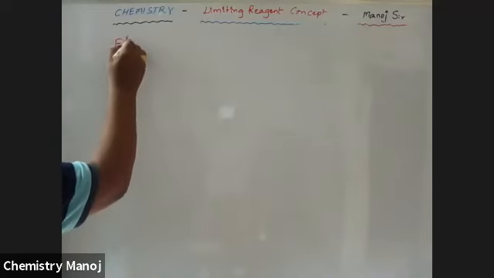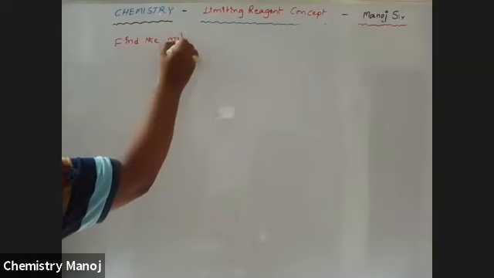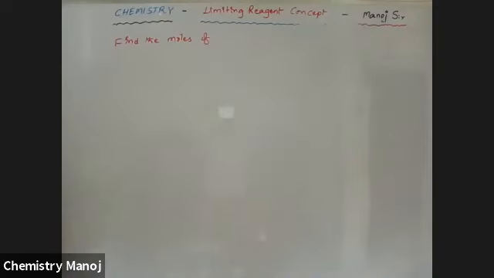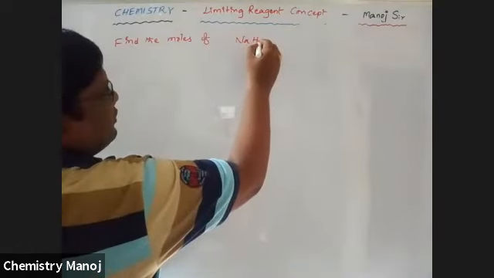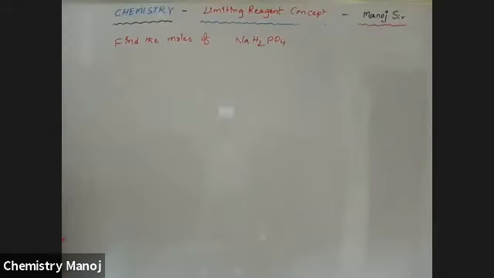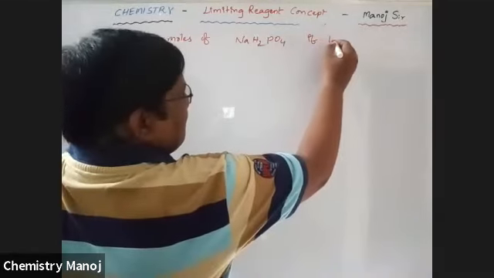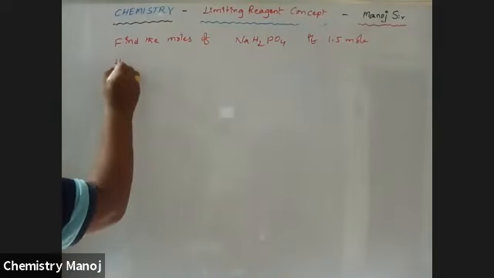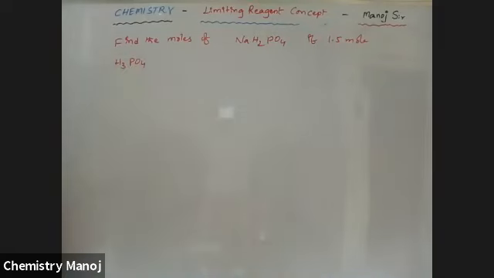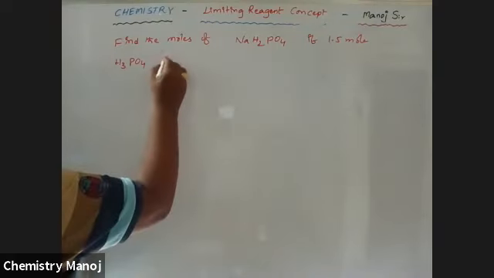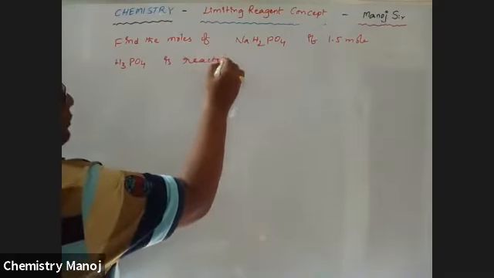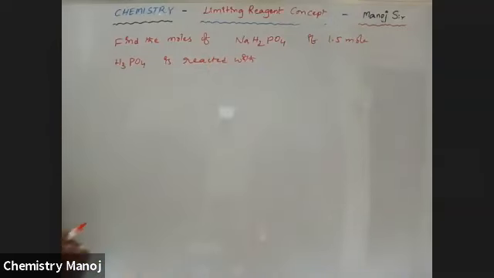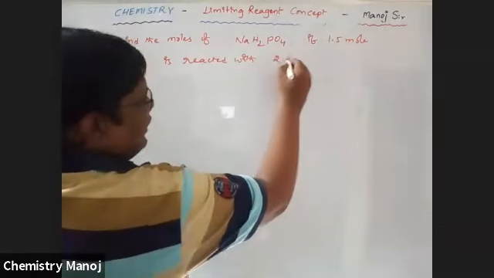Find the moles of sodium dihydrogen phosphate, NaH2PO4, if 1.5 moles of phosphoric acid, H3PO4, is reacted with 2 moles of NaOH.